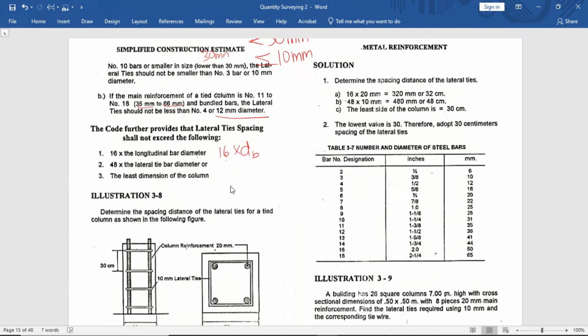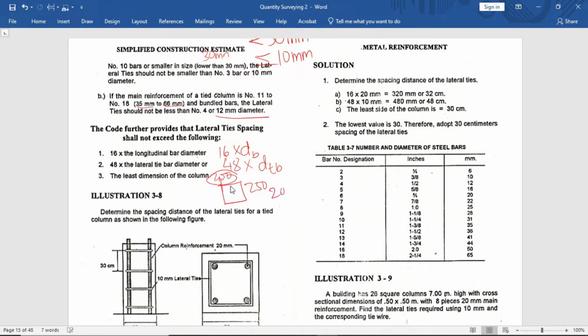So, condition 2 naman is 48 times the diameter ng tie bar natin. Tapos, condition 3 is the least dimension of the column. So, least dimension of the column, kung ang column natin is 200 by 250, so least dimension is 200.